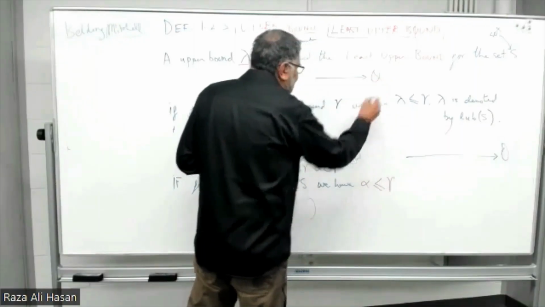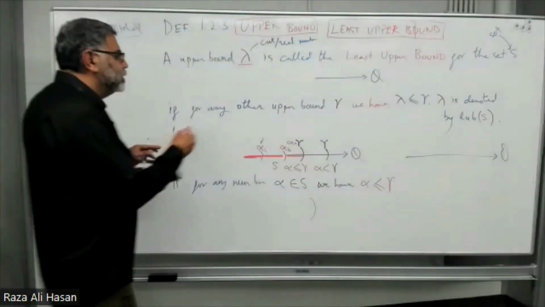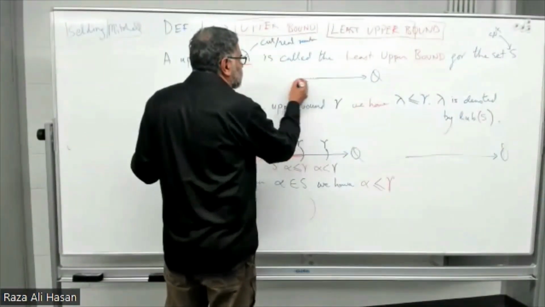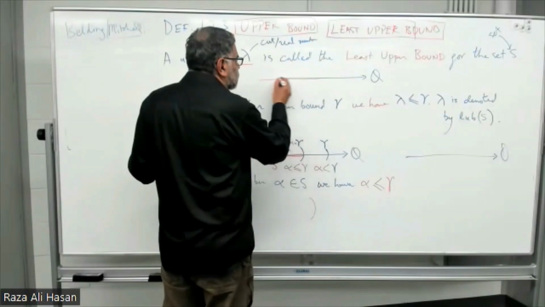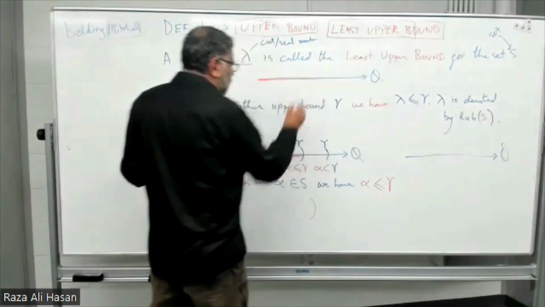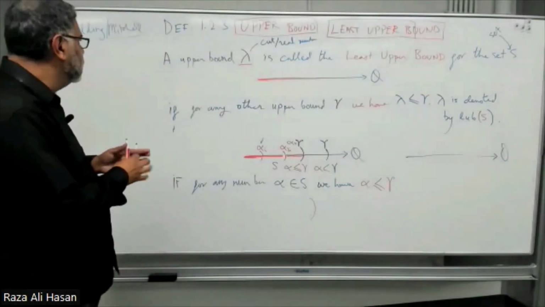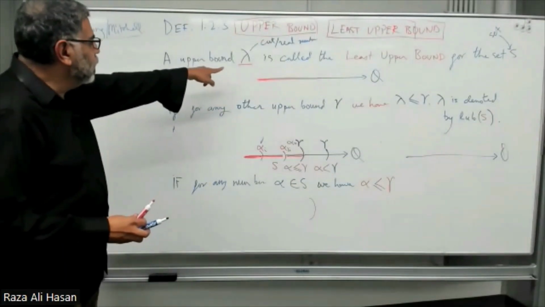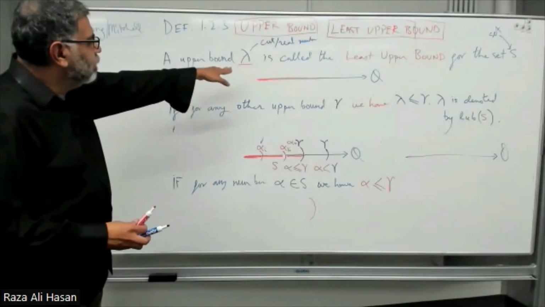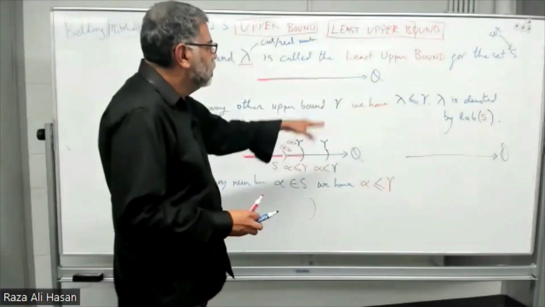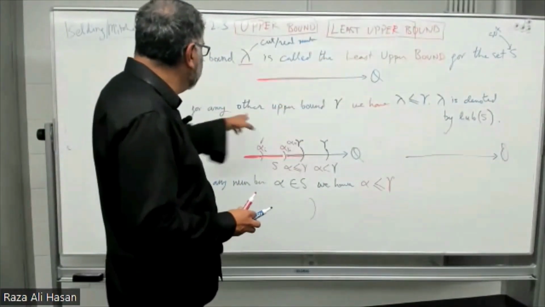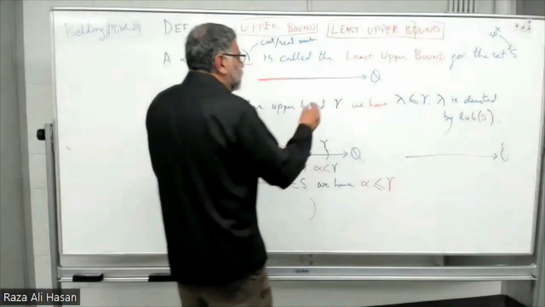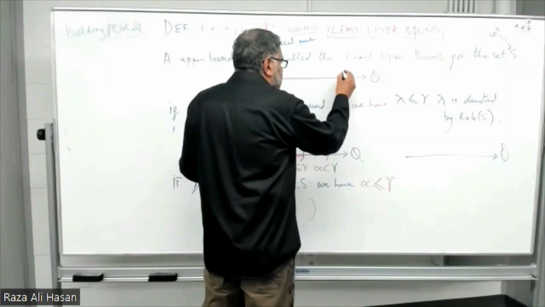Okay, so this is Q. We got an S. And then S, so an upper bound lambda is called the least upper bound for the set S if any other upper bound. So let's stick the any other upper bound first.